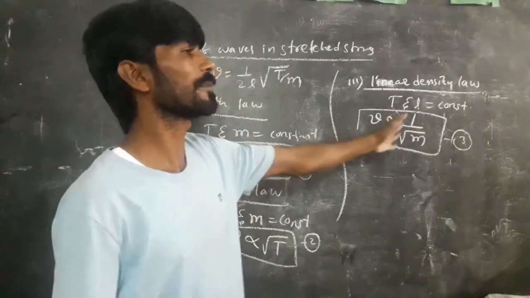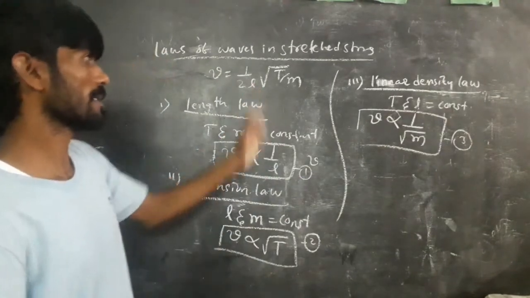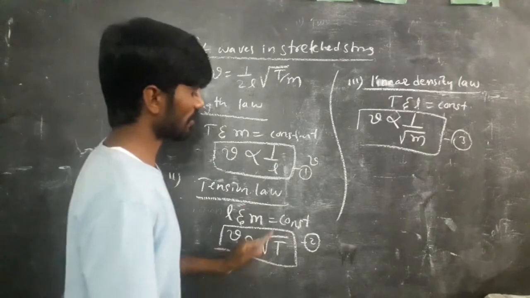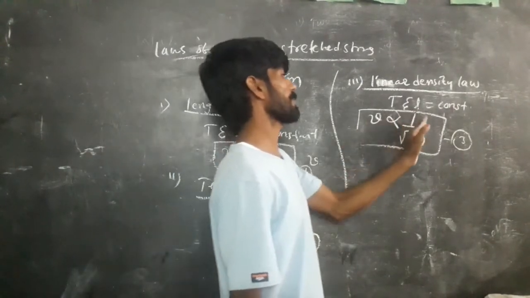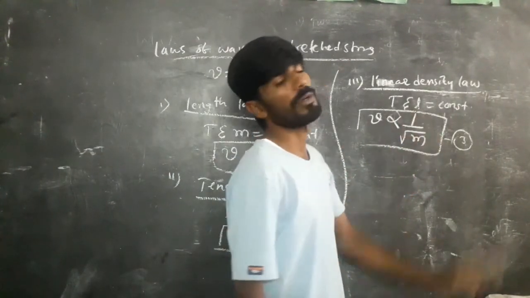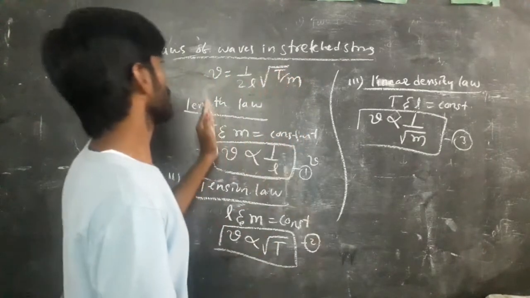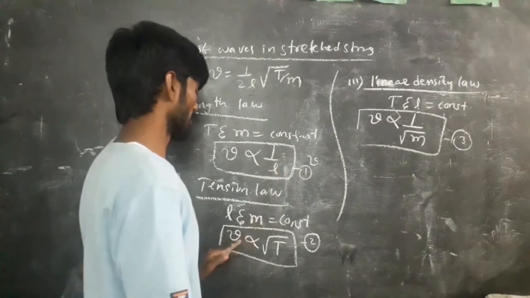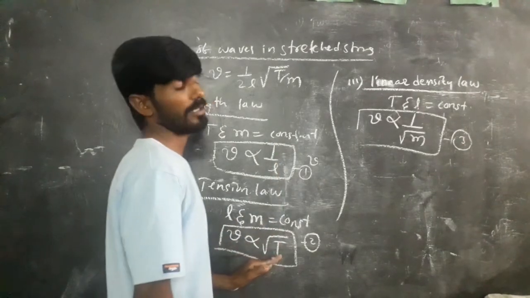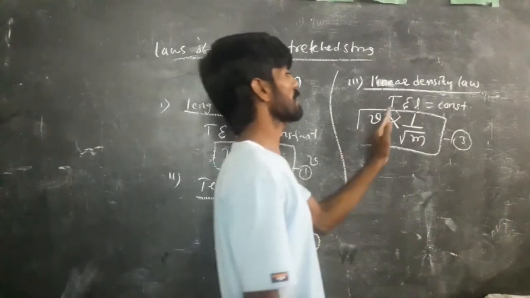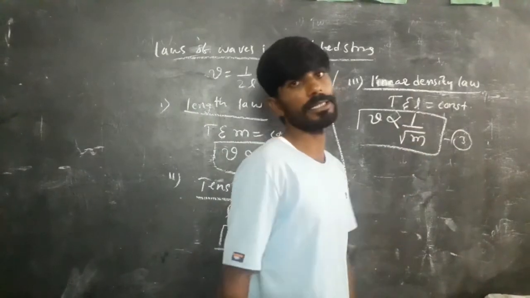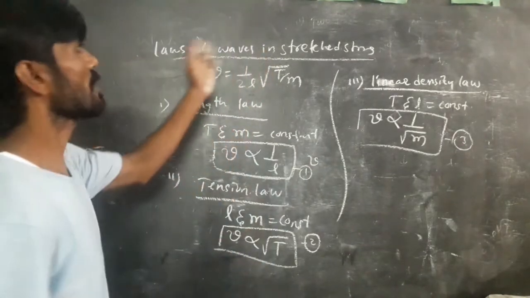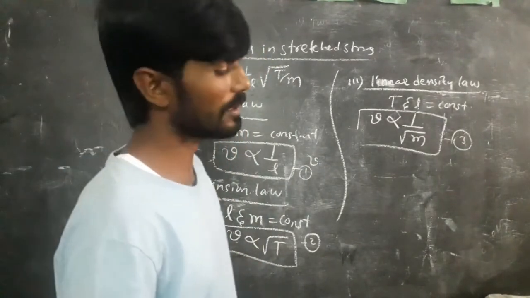And the laws of waves in a stretched string: frequency is inversely proportional to the length of the string, frequency is directly proportional to the square root of the tension, and frequency is inversely proportional to the square root of the linear density. These are the laws of a stretched string.